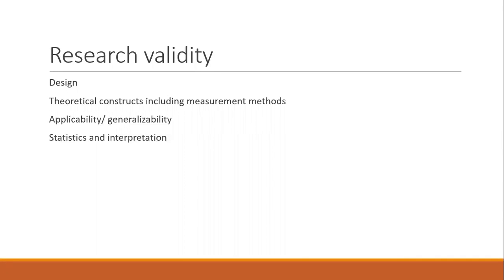Coming to research validity, a little bit more detail. Research validity includes design. There are many types of design. So broadly you have qualitative design and quantitative design. In qualitative design you have different types, in quantitative design you have different types. So for your question, is the design appropriate?